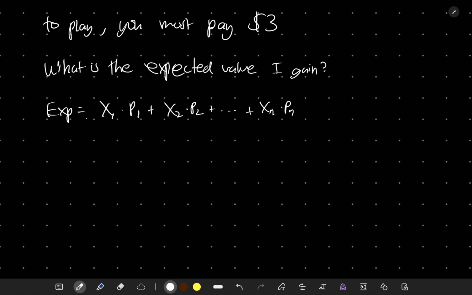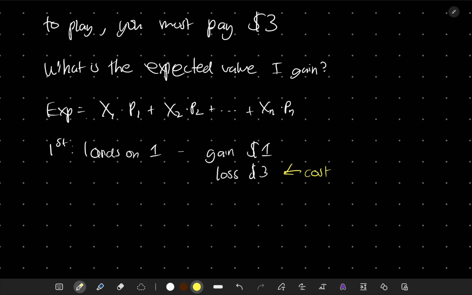So let's think about my first outcome. My first outcome is me landing on a 1. If it lands on 1, I gain $1. But then I have to pay $3, because remember that this is the cost. Therefore, my x1 is going to be 1 minus 3, which gives me negative 2.